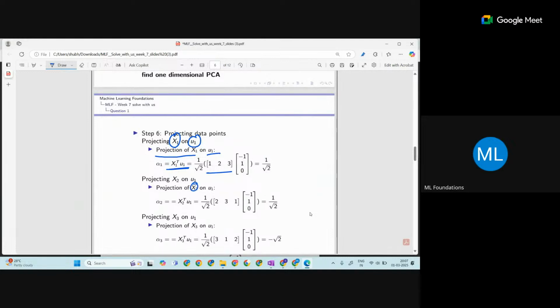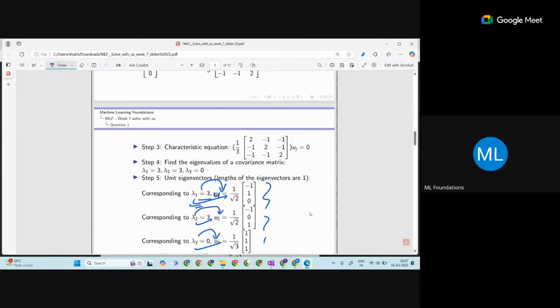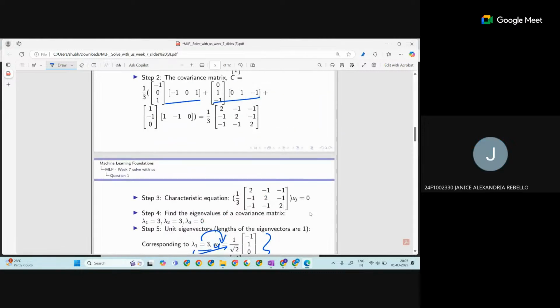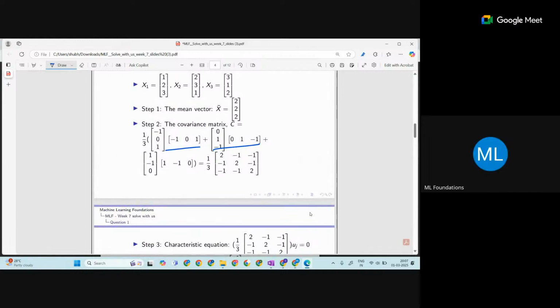You projected x2. How do we find the eigenvectors when the matrix is 3 cross 3? The covariance matrix is 3 cross 3.